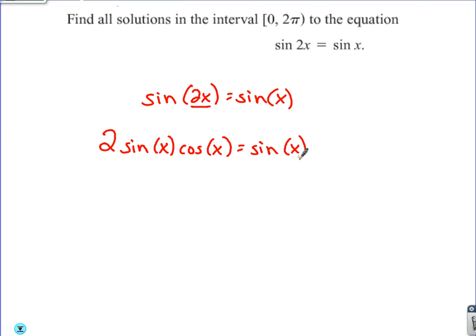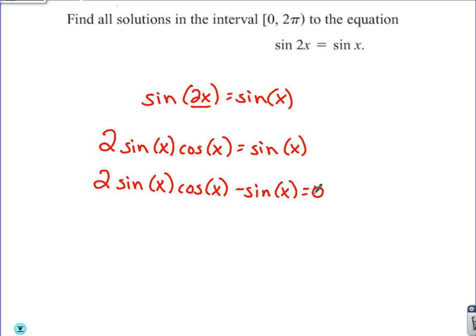It's really hard to solve these things when you've got sines and cosines mixed into the same equation. Now, we can do something about this. Later on, it'll be a little bit more difficult, but we can do something about this one. Watch this. I'm going to move this sine x over. So now I have 2 times the sine of x times the cosine of x minus the sine of x equals 0.